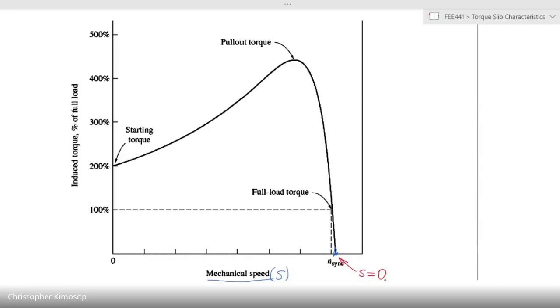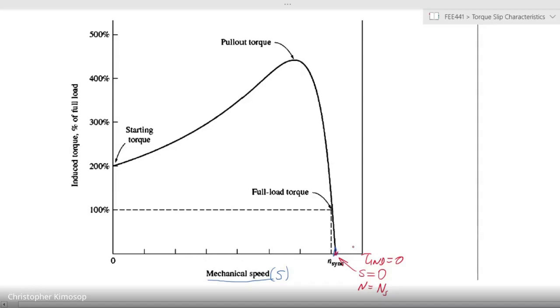And the principle of operation depends on there being relative motion between the actual rotor and the rotating magnetic field. So at this point, slip is equal to 0, so the difference between the two is 0. And correspondingly, the induced torque is at 0. So slip is 0, speed is equal to synchronous speed, and the induced torque has dropped down to 0.